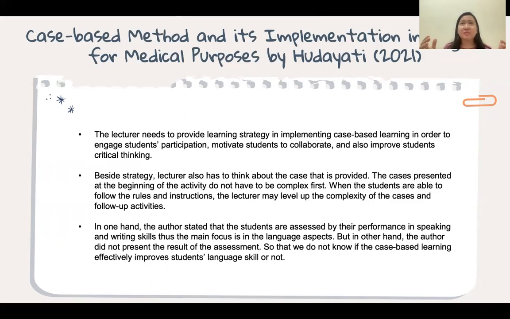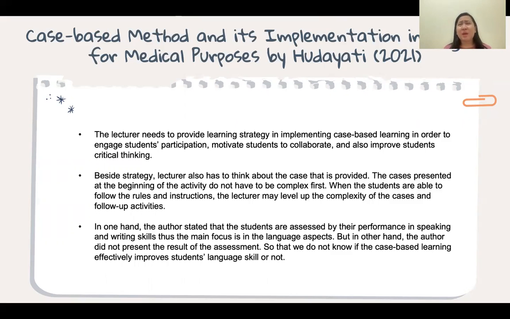In this study, the author did an assessment, but in the article, the author did not present the result, so we do not know if case-based learning effectively improves student language skill or not.